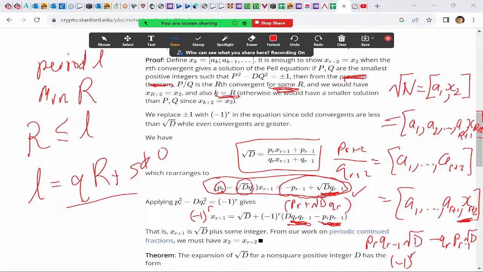So you actually get this plus minus 1 to the R root D, yeah?